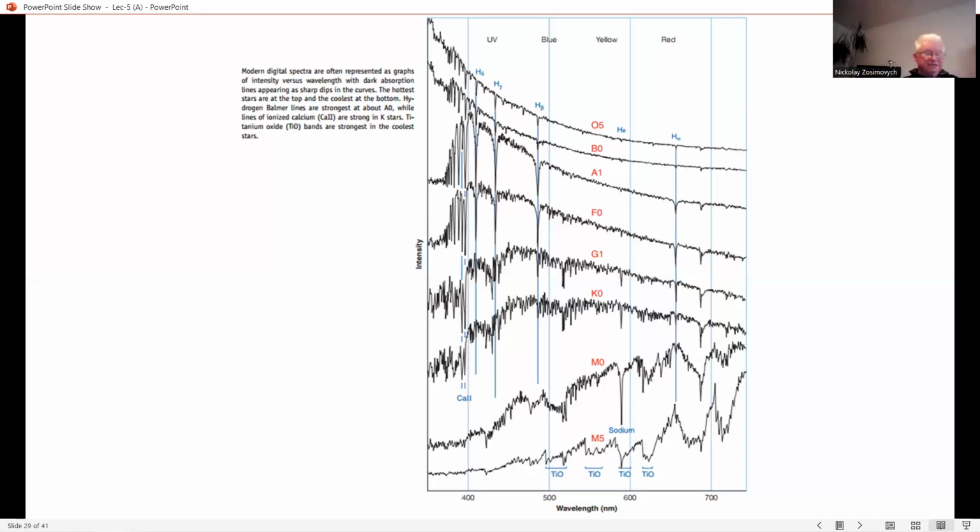The bright red star in Orion is Betelgeuse, a cool M2 star, but blue-white Rigel is a hot B8 star. Polaris, the North Star, is an F8 star, a bit hotter than our Sun. And Alpha Centauri, the closest star to the Sun, seems to be a G2 star, just like our Sun.